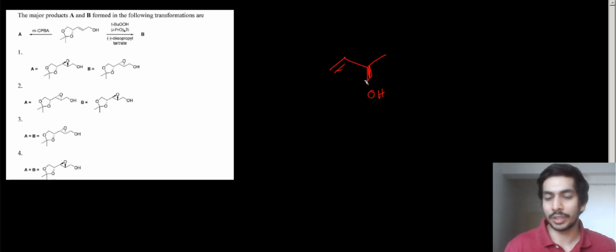So let's say, I'm just giving you one example, if you have an OH group over here above the plane and I add MCPBA, then the epoxidation will happen above the plane, because this OH is going to direct the MCPBA, and the MCPBA will attack from above the plane, and that happens because of hydrogen bonding, right?